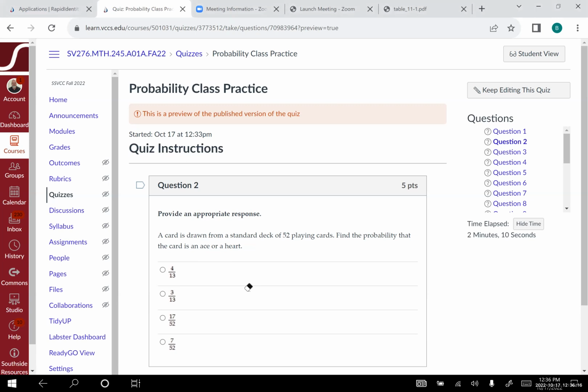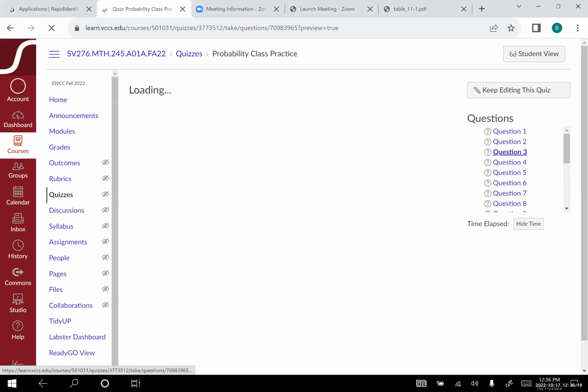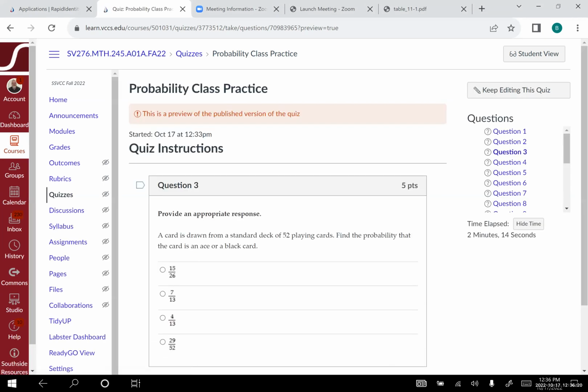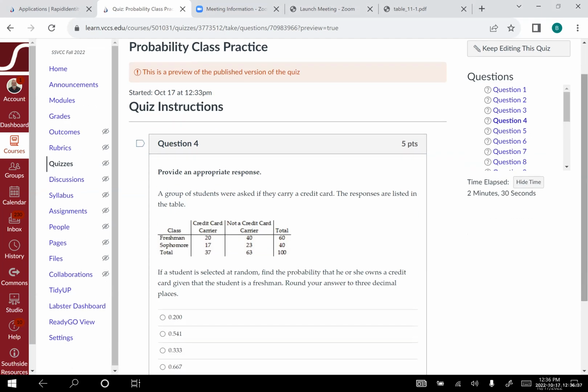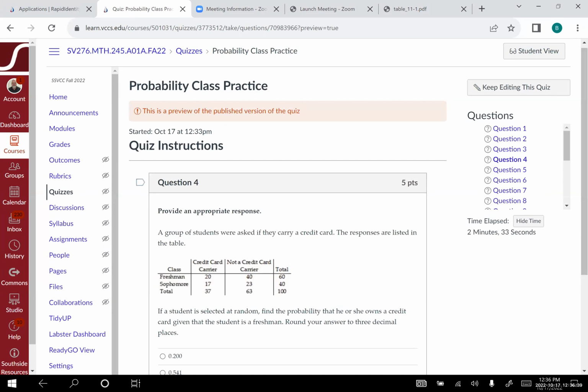We did that already. This one is a conditional probability. So I'm going to kick that one down the road and do all the simple multiplication rule problems first. So we'll get back to that one. Don't worry.